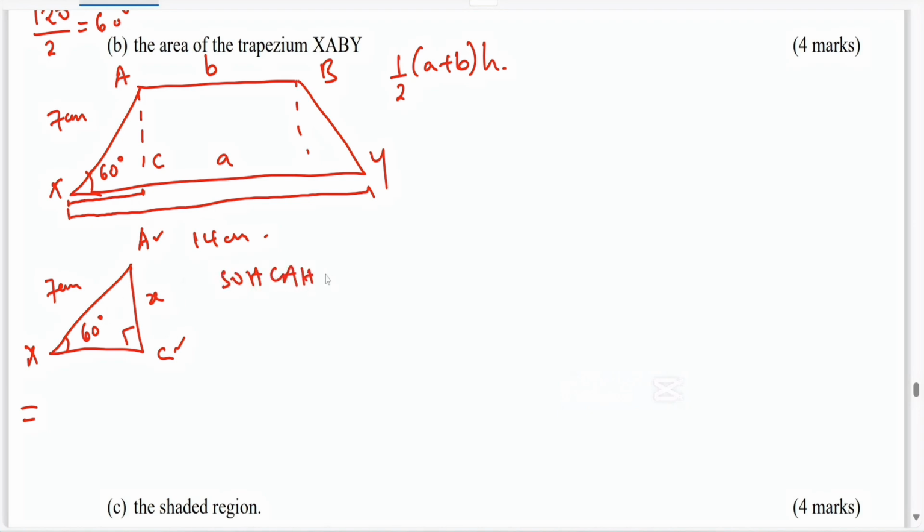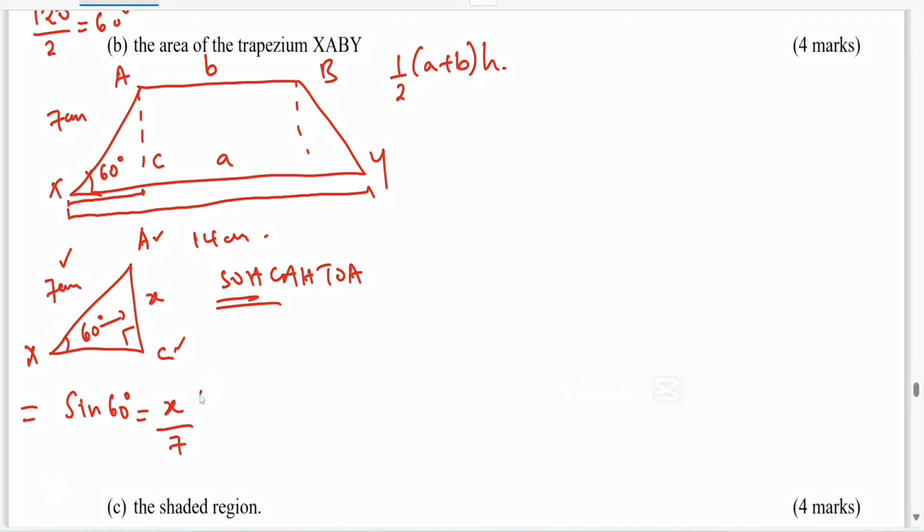So between sine, cosine and tangent, which one will you use? Since for the angle you don't know the opposite, you need to find the opposite, and we know the hypotenuse, therefore we use sine theta equals opposite over hypotenuse. So sine 60 degrees equals opposite, x, over hypotenuse.